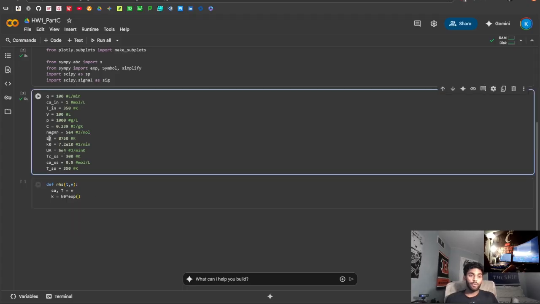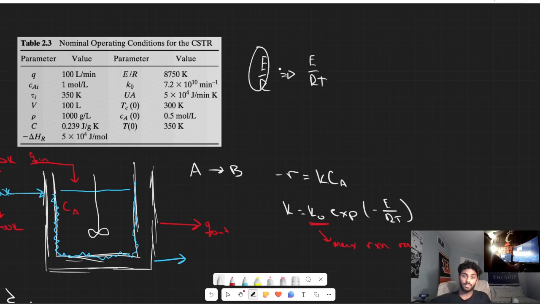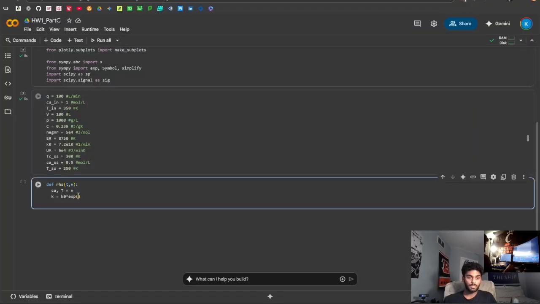Now, we see that what we're given here is ER, and ER is actually E over R. So we have an E over R, and we want to get to E over RT. So essentially what we're going to be doing is dividing this value by T to get to this value. So that will look something like this.